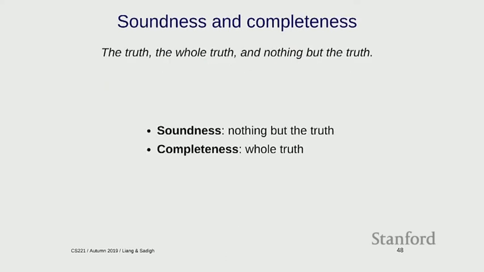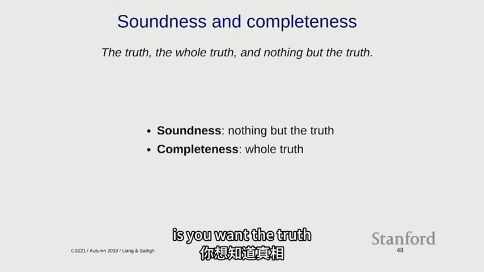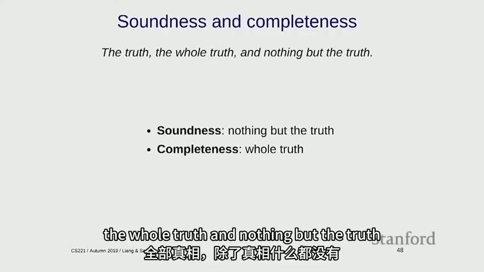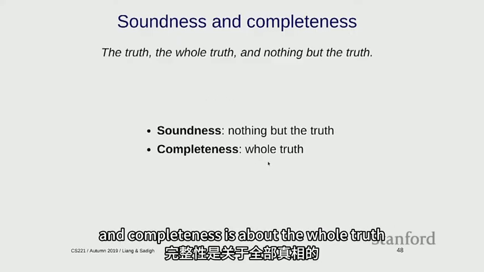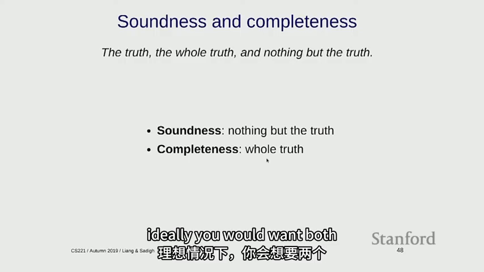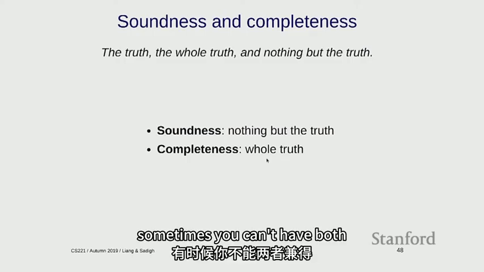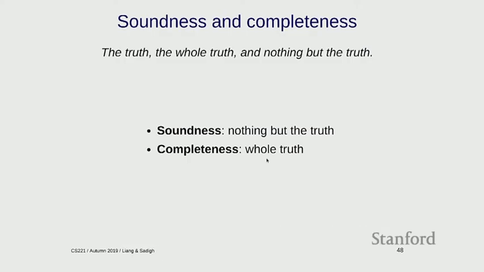Okay? So the model you should have in your head is you want the truth, the whole truth, and nothing but the truth. Soundness is really about nothing but the truth, and completeness is about the whole truth. Ideally, you would want both. Sometimes you can't have both, so you're going to have to pick your battles.